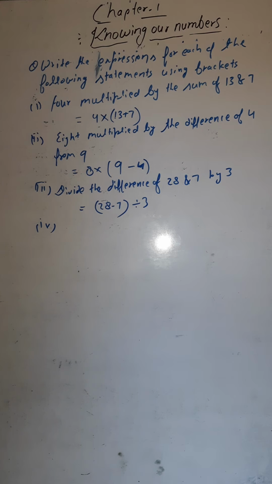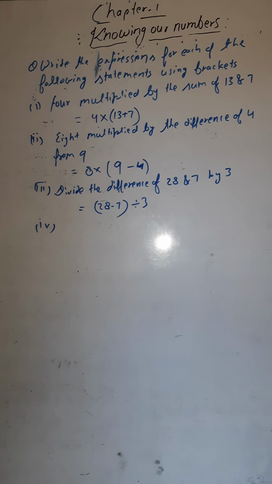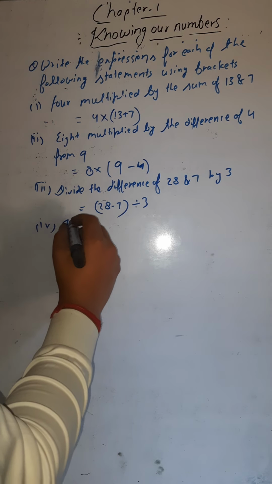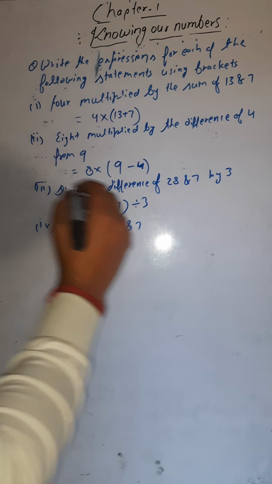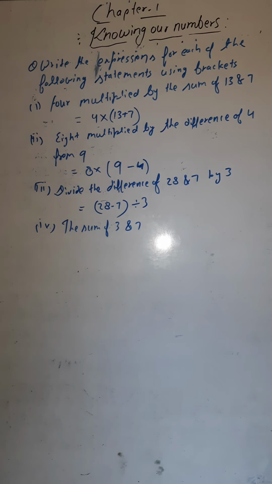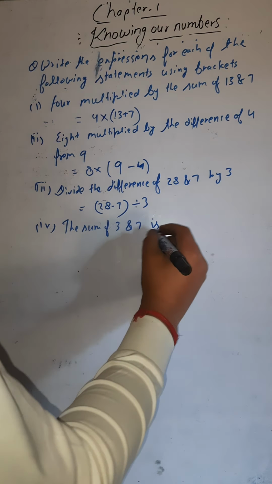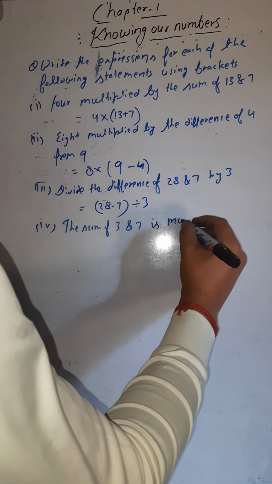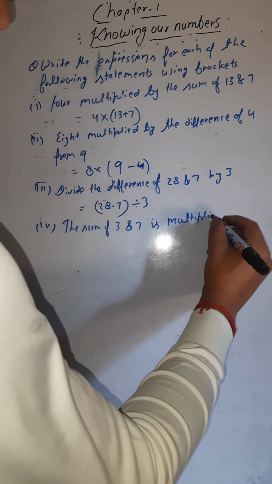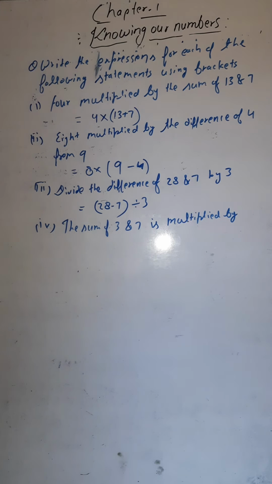Okay. So now question number 4. The sum of 3 and 7 is multiplied by the difference of 12 and 8.